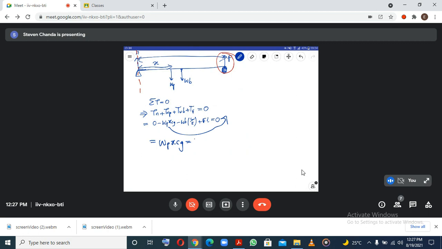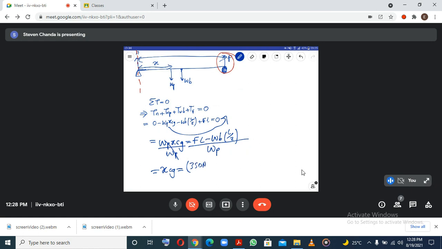So then it's going to be FL minus the weight of the board, L over 2, then over the weight of the person. Then you just put in the values. The force at the legs was 350 newtons.